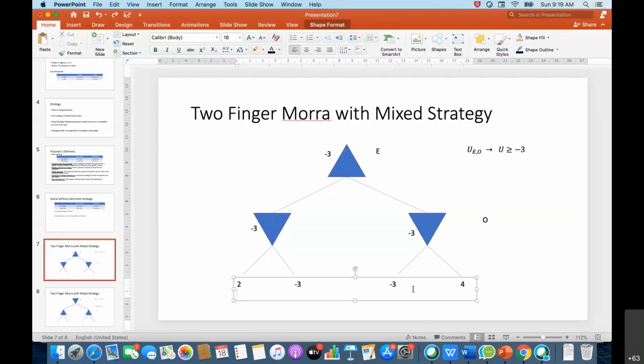We are going to write it down here, and let's say that there is P probability that O will choose 1. This is 1 and this is for 2.